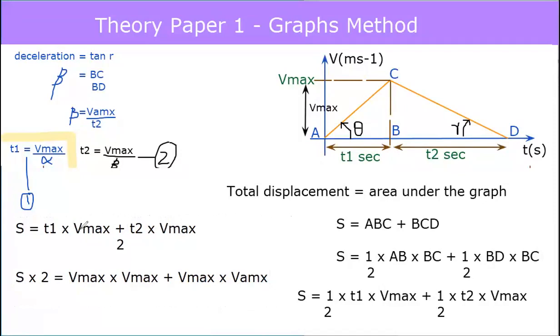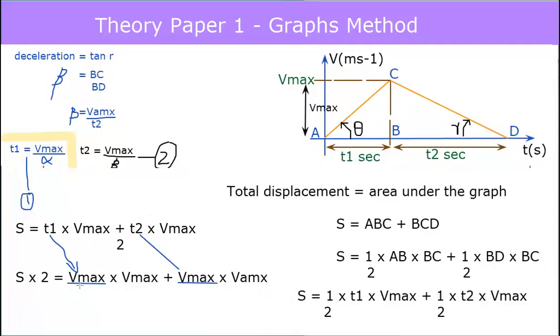So here, in the place of T1, I can write T1 is equal to Vmax divided by alpha. Please complete it there. And for this T2, again, I can write Vmax divided by beta, right?